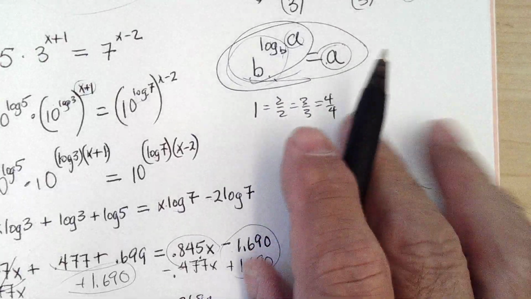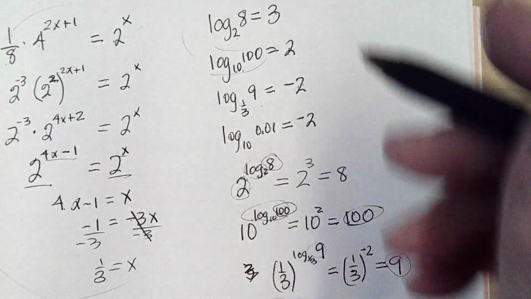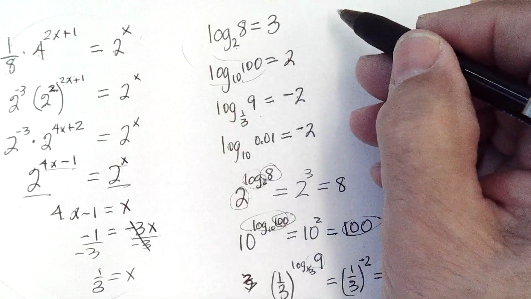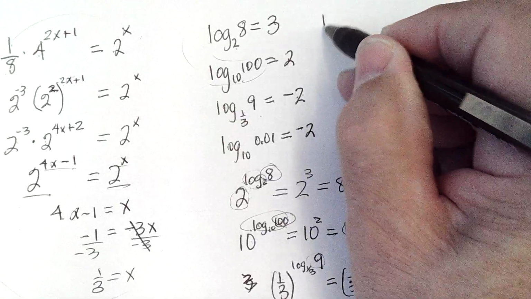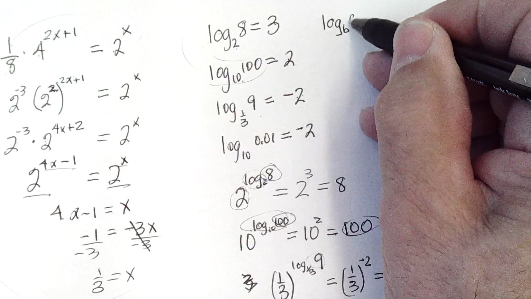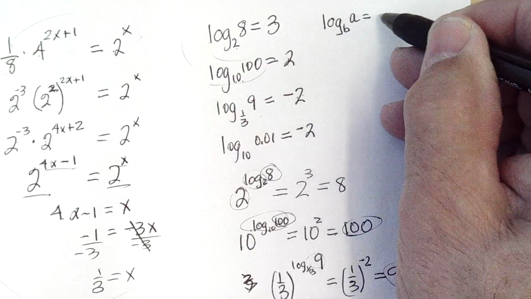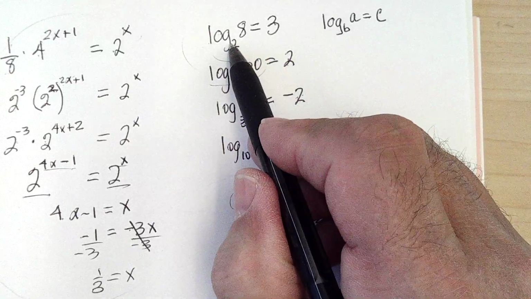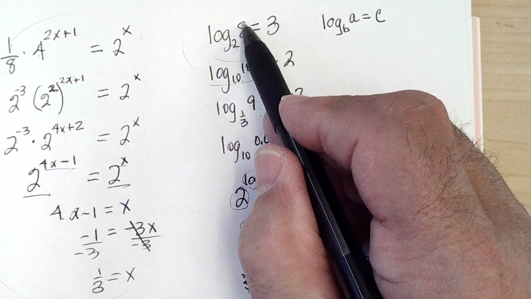We know that if we have, as you can see here, log of some base b of a equals c, that's kind of like 2 to the third equals 8.